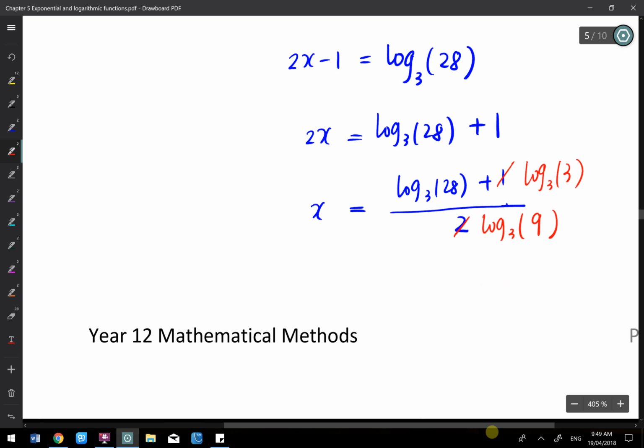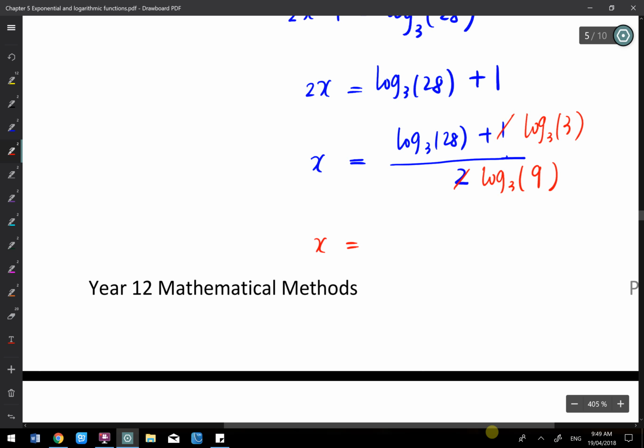So I can do a further step to make x equal to, well, I can't do much about it. Can you see that? That's a log base 3. I can multiply those two: 84 here, divided by log base 3 of 9.